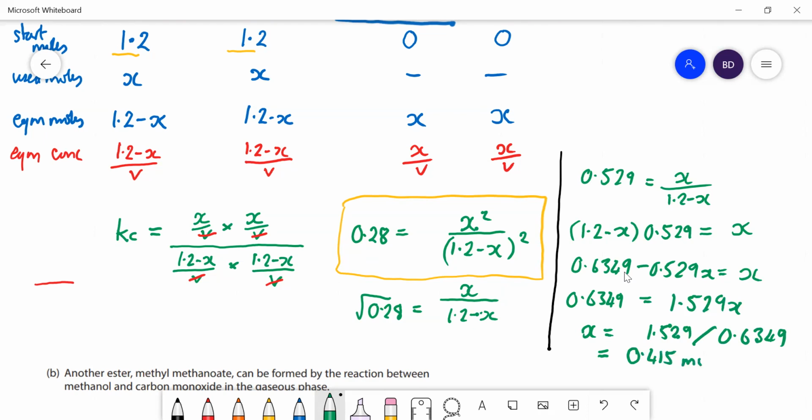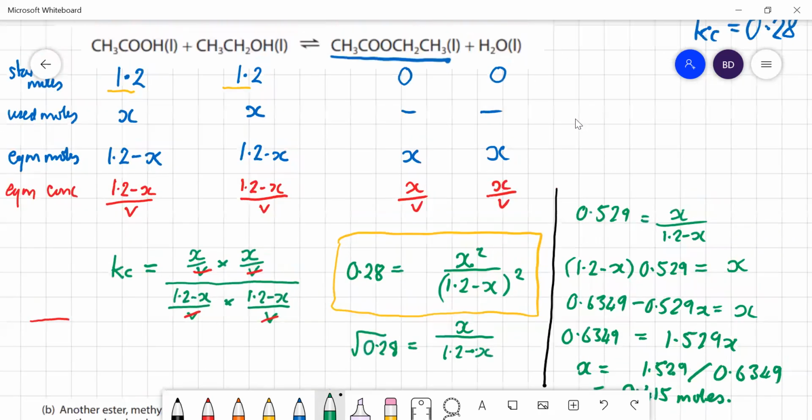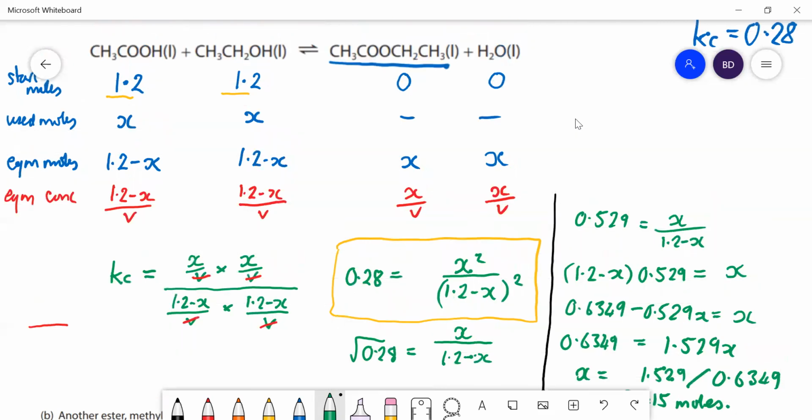0.415 moles. So our answer then, we are going to say we have got 0.415 moles of water, 0.415 moles of the ester, and 1.2 minus 0.415 is equal to 0.785.